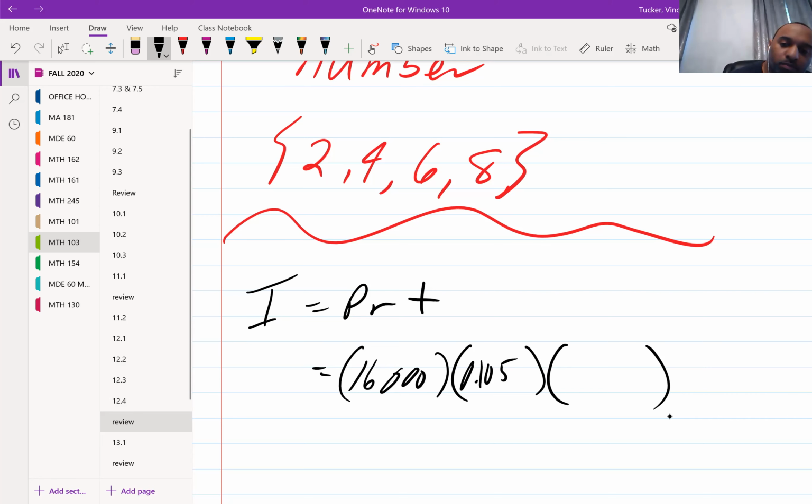I still got it wrong that way. Hold on, you said 6 months, 6 months divided by 12? Yeah, 6 months over 12. And I still got it wrong though.